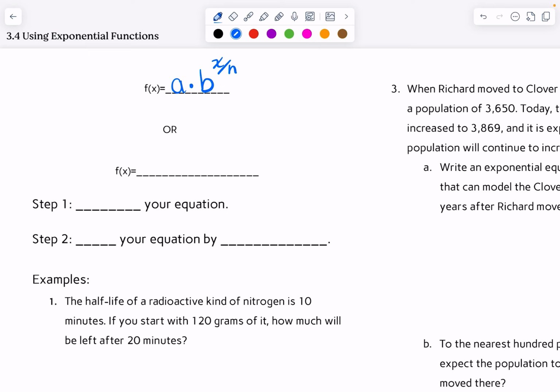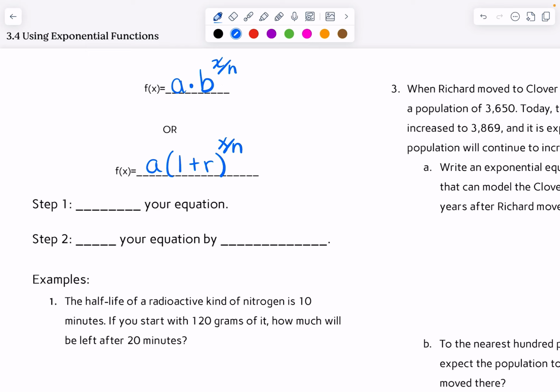And then the other format we can have is a times, it just adjusts the base a little bit. So instead of using b, we can use 1 plus our growth or decay rate r, also to the x over n power.